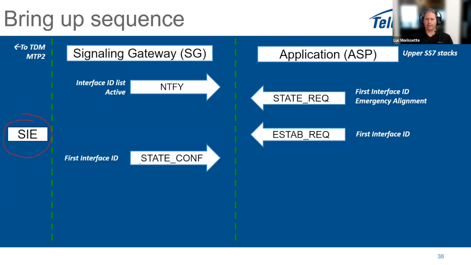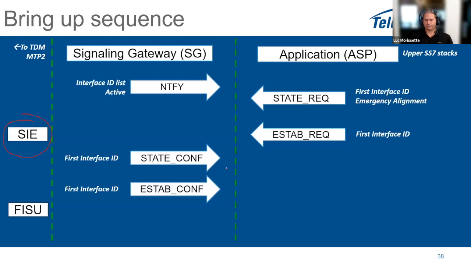Once the link is brought up, it will have the state confirmed for the first interface ID and the established confirm as well. Once you get this, then here on the MTP2 side, you will get fill-in signaling units. These are just messages sent to keep the MTP2 link up, and they will be accepted by the other side. This is for one M2UA link.